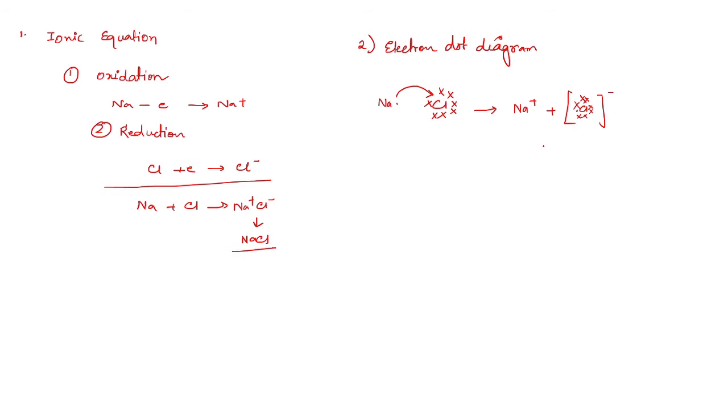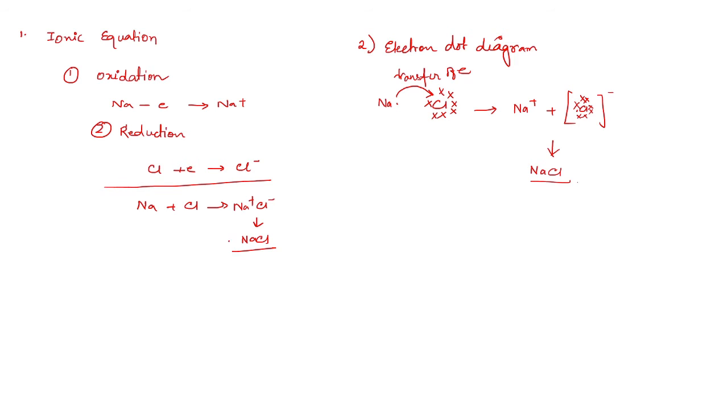Okay, and they will combine to form NaCl. Okay, in exam you need to mention here transfer of electron. In exam you will be asked to draw an electron dot diagram to show the formation of NaCl and state the kind of bond present in it. So you will just draw the diagram with pen and pencil and mention the type of bond present.